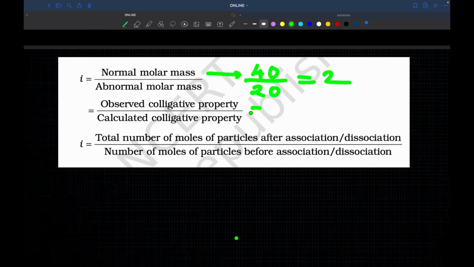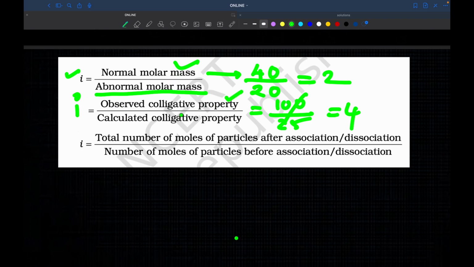Observed colligative property is 100 and calculated colligative property is 25. So if you cancel this, how much do you get? 4. You just have to divide, and you get the I factor. Abnormal molar mass is given, normal molar mass we know, observed colligative property is given and calculated colligative property you have to calculate.